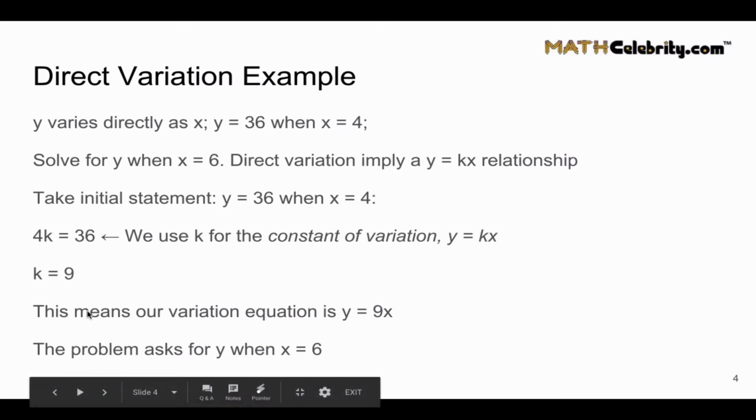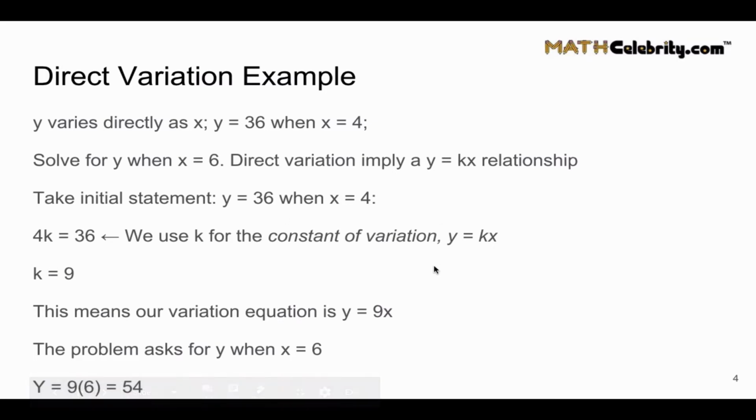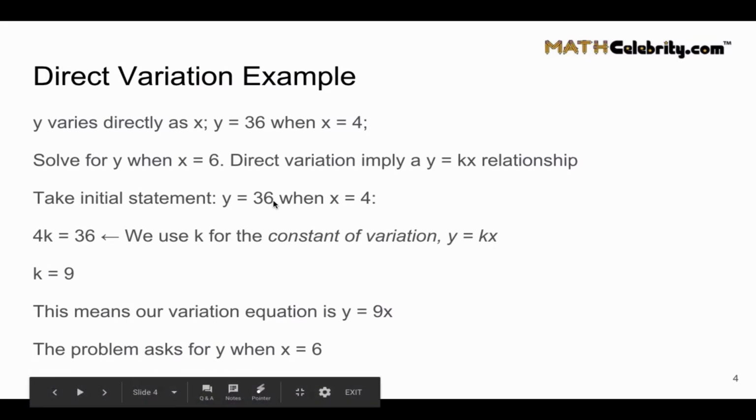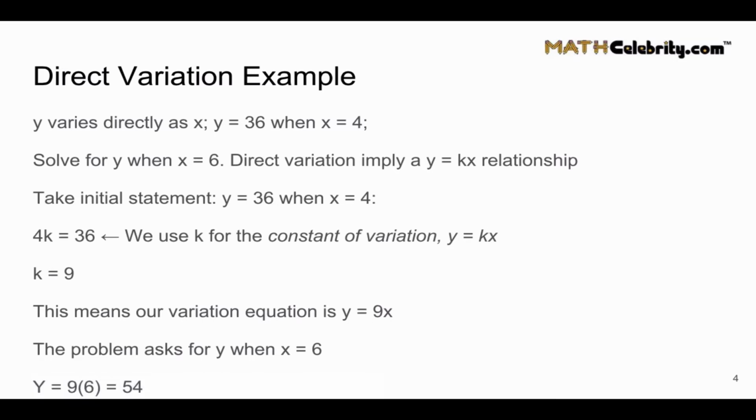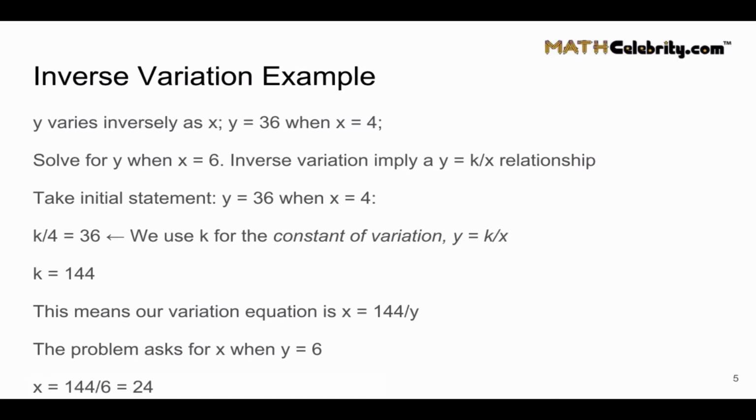We multiply and get y equals 9 times 6, which is 54. So we've solved our problem. In direct variation, what is y when x is 6? The answer is 54.